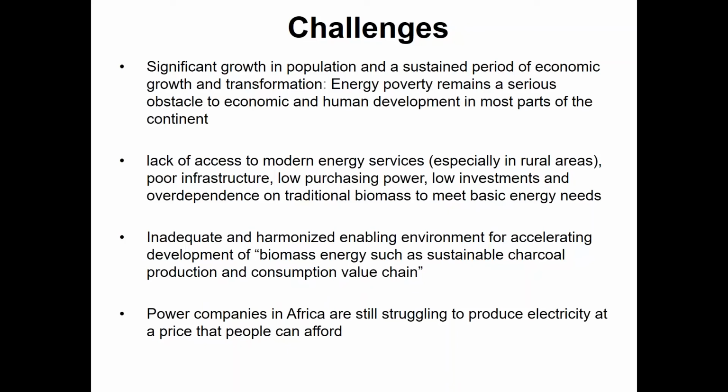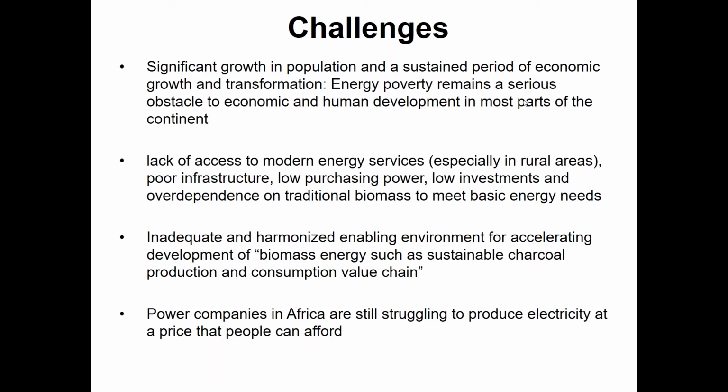And I gave some figures there, with an average annual gross domestic product growth rate of 6.2%, predicted threefold growth in gross domestic product by 2030, and sevenfold growth by 2050. This entails a much larger energy demand and calls for a better performing energy sector. Energy poverty remains a serious obstacle to economic and human development in most parts of the continent.